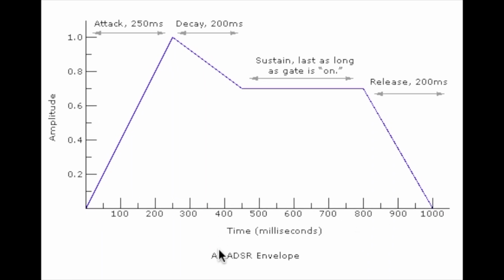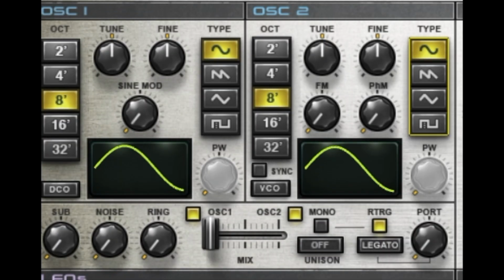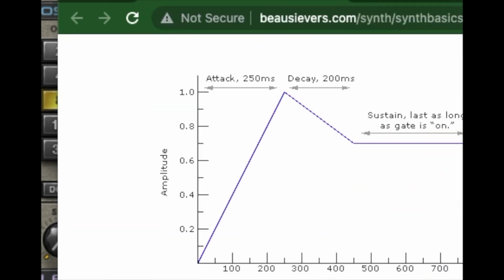So this is another thing I want you to learn about synth. This is time and volume. So what we can do is to work on the shape or the envelope of our sound to have a different volume shape in time.